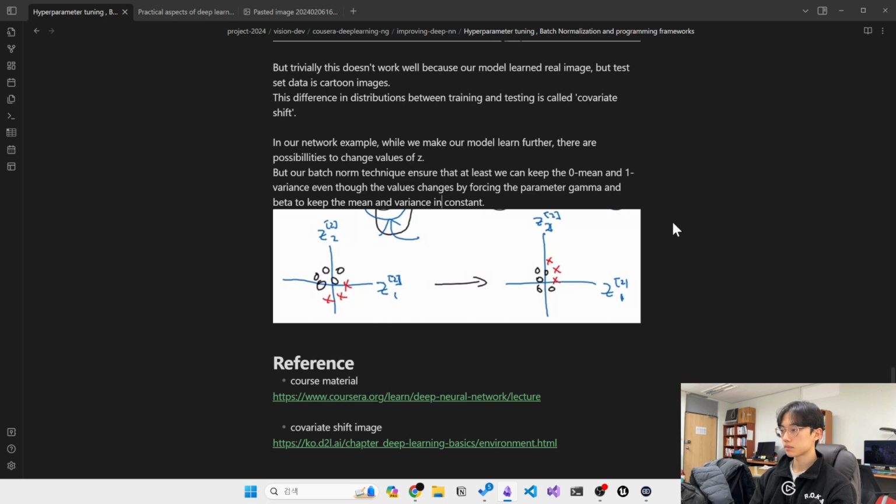So because the mean and variance is a little bit noisy because it's estimated with just a relatively small sample of data, the scaling process, going from ZL to Z tilde L, is a little bit noisy as well because it's computed using a slightly noisy mean and variance.